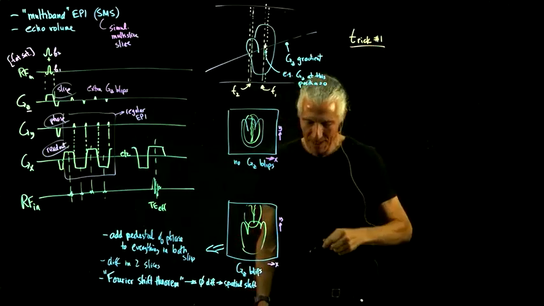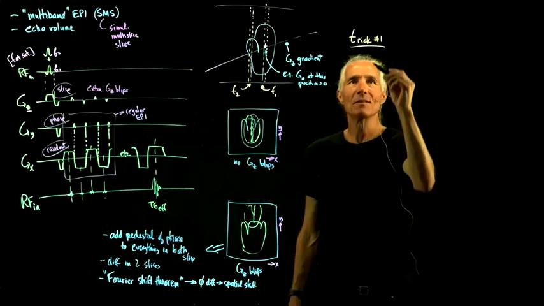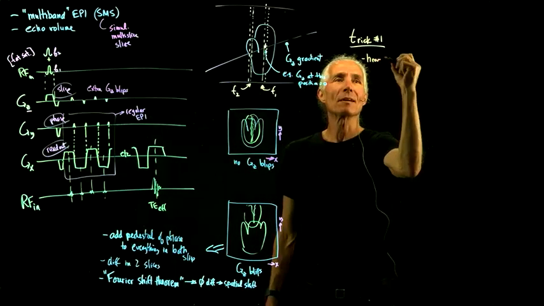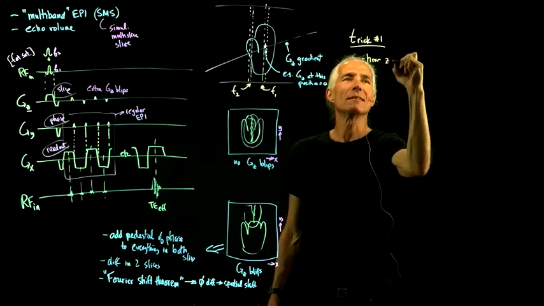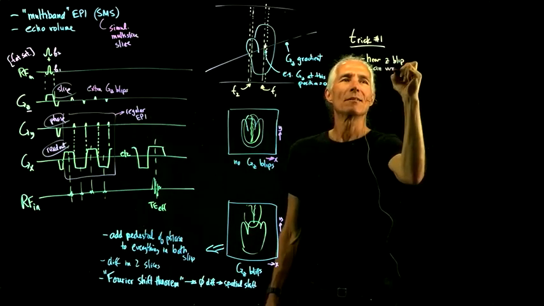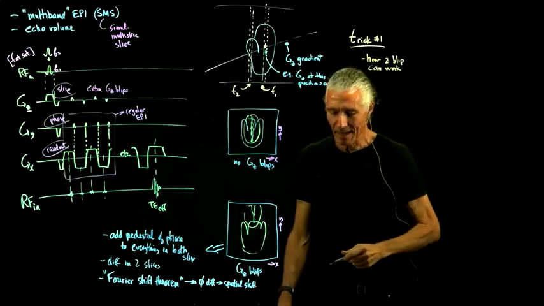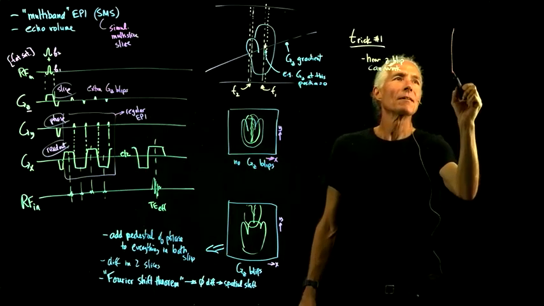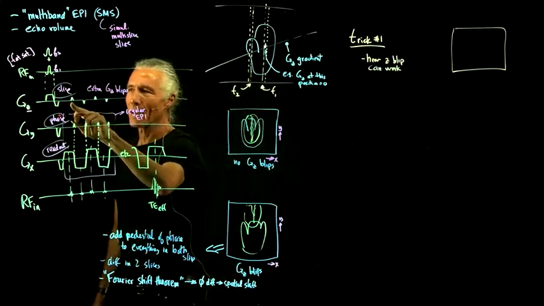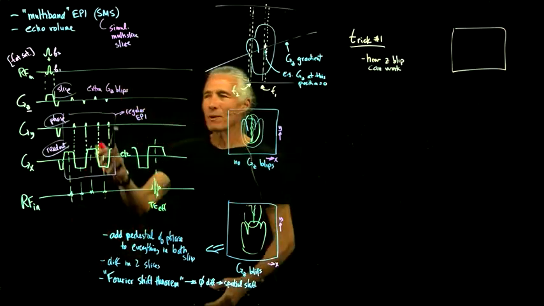So the first trick is, the question is how the z blip can work. Our first idea is flipping it back and forth. So why do we want to flip it back and forth?